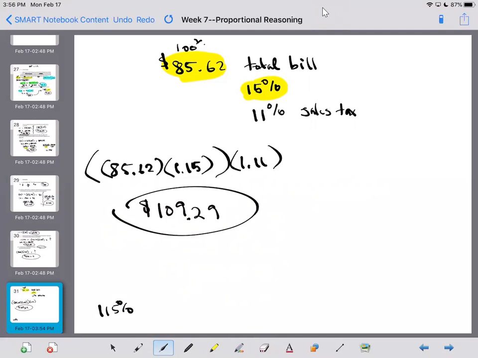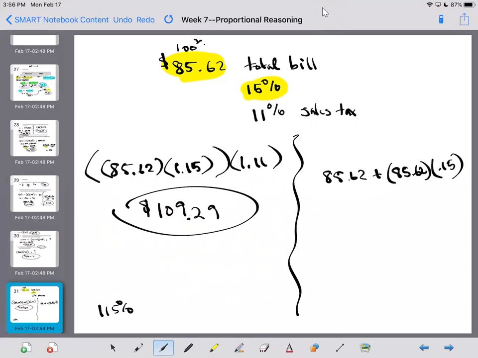And again, if you wanted to work it another way, you could say, take $85.62 and multiply it by 15 hundredths. $85.62 multiplied by 15 hundredths is $12.84 as the tip. Well, when I add that to $85.62, it's about $98.45.